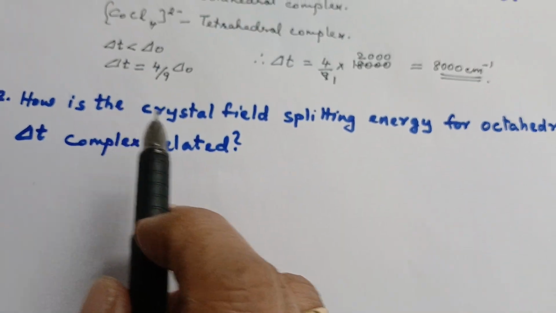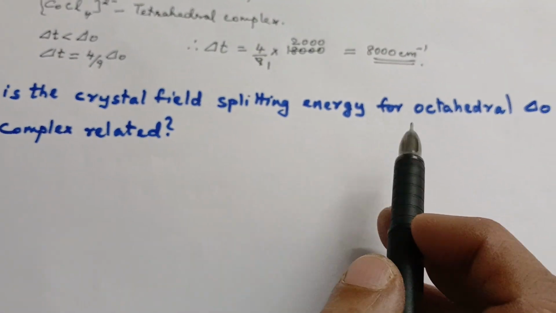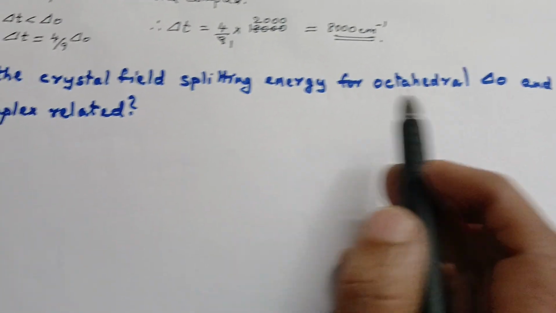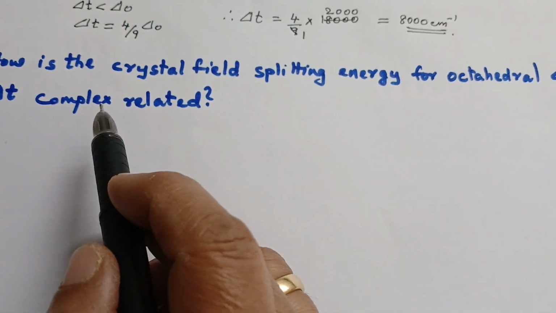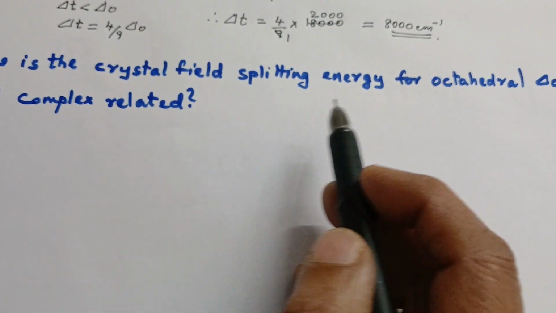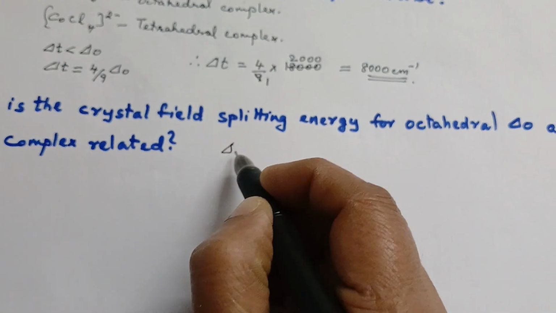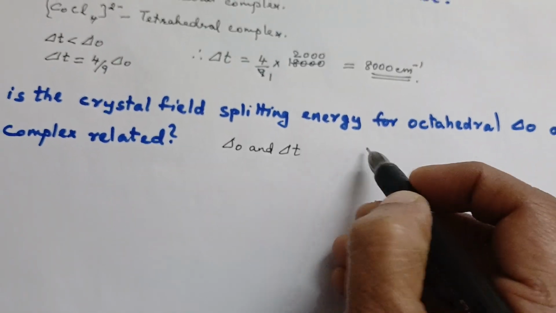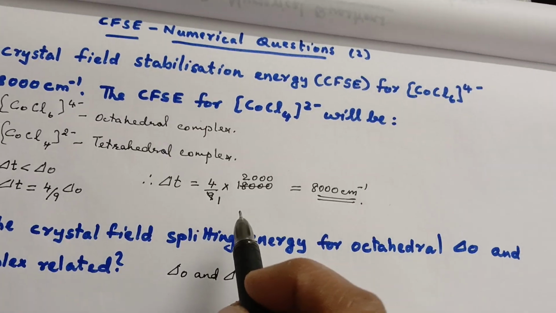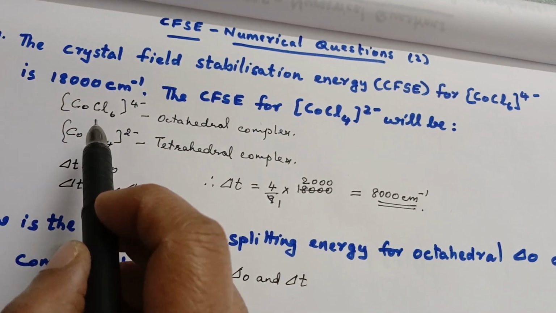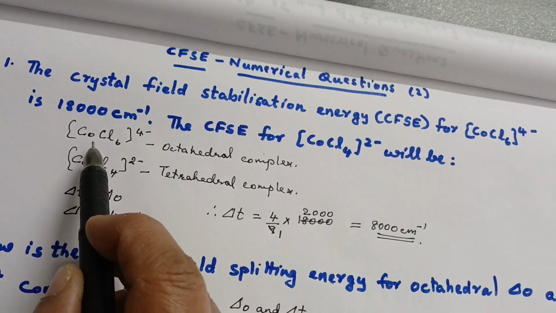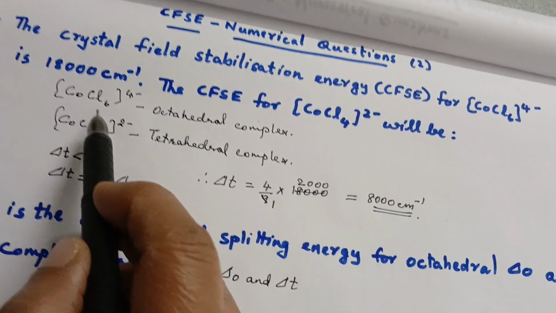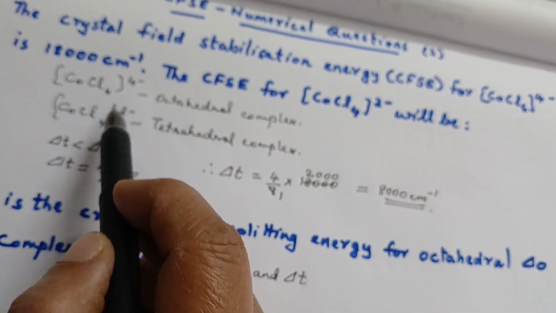Next question, how is the crystal field splitting energy for octahedral complex delta O and delta T related? Now please take note that in these cases the central metal atom and the ligands are the same, only there is a difference in their numbers.